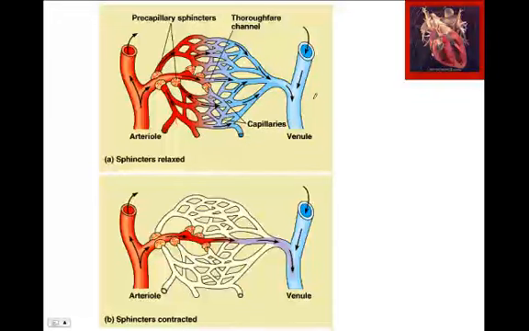But let's say you're up in Flagstaff skiing and it's really cold out, with a really cold wind chill. These precapillary sphincters can contract and shunt blood so that it doesn't travel through this entire capillary bed. That helps us maintain some heat so that we're not losing heat through that capillary bed. So again, those are those precapillary sphincters.